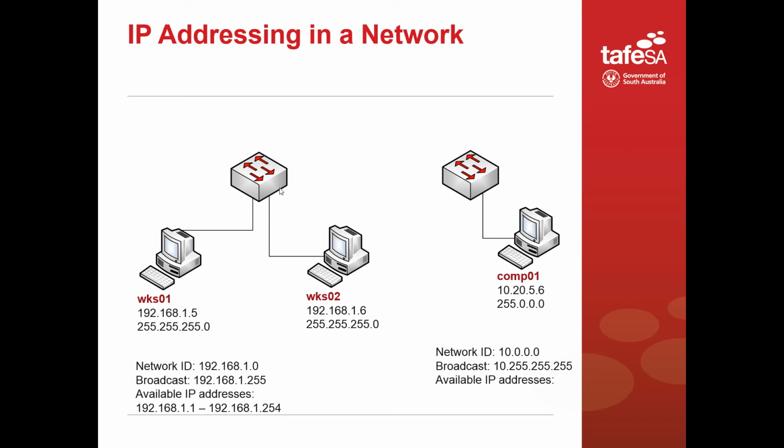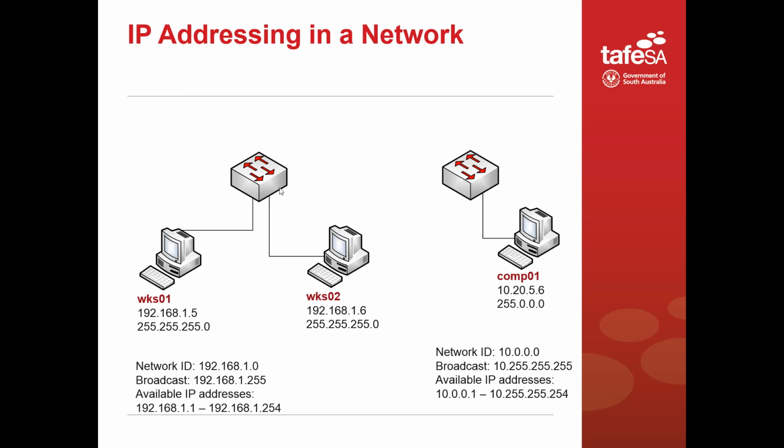And so that gives us available IP addresses that we can allocate to a computer all the way from 10.0.0.1 through to 10.255.255.254. So in the first network, we can only allocate 254 IP addresses. We can now allocate over 16 million IP addresses by using this Class A IP address.